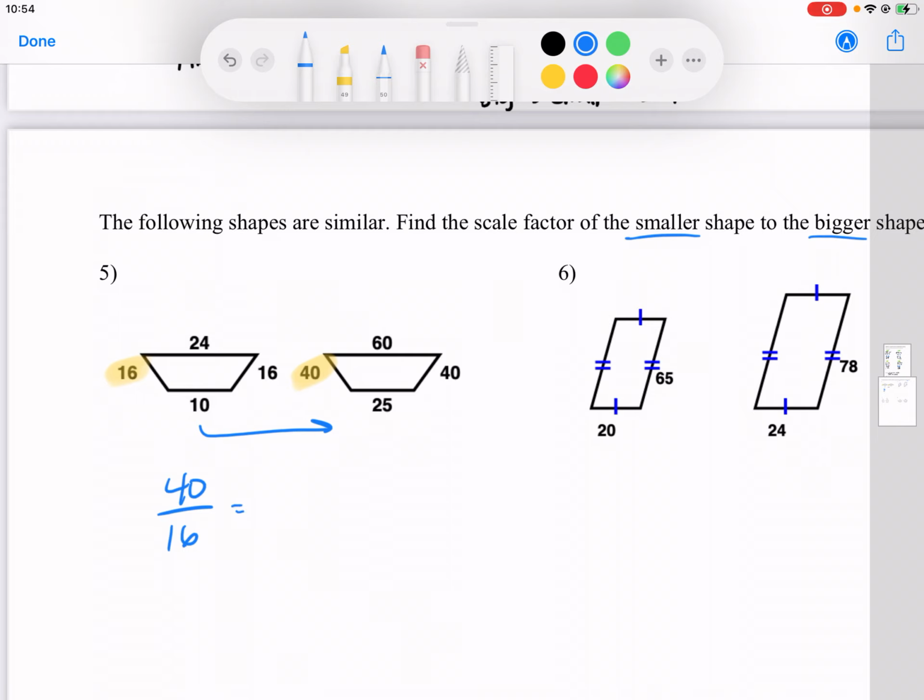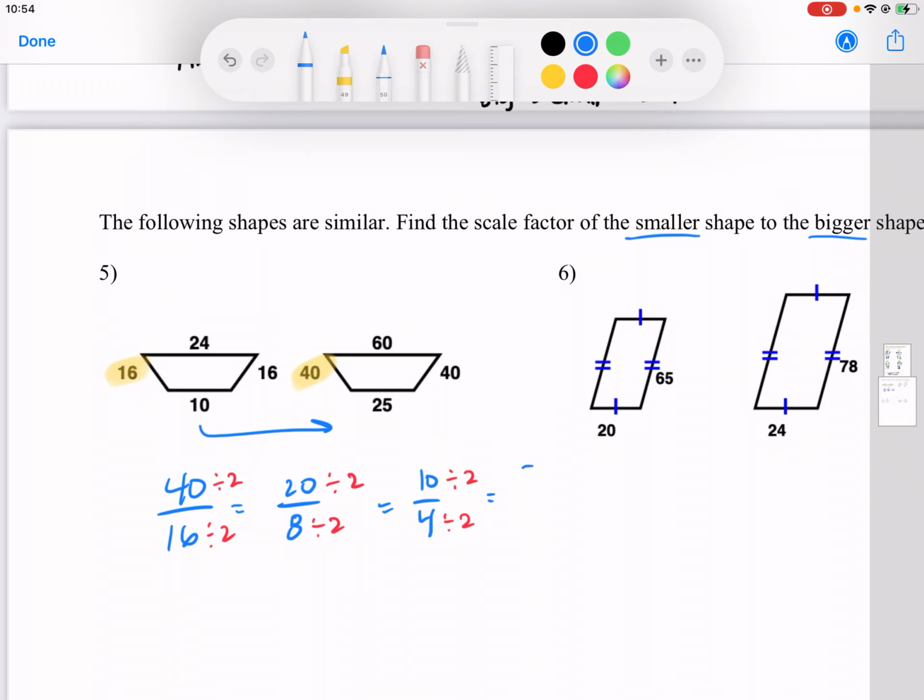For 40/16, if you're not sure, just find something you can divide both of them by until you can't divide anymore. Those are both divisible by 2. Well, 20 and 8 are also both divisible by 2, so I'm just going to keep going until I can't. So that's 10/4. And look, those are both divisible by 2. Oops, forgot to write a 2.